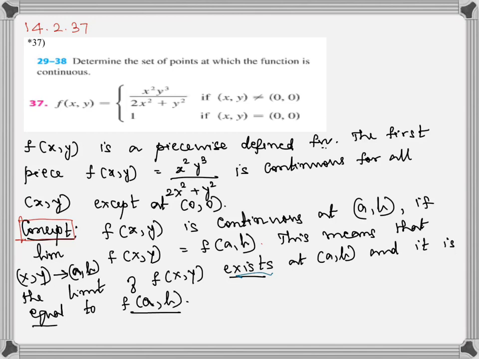The two things must be satisfied. So first, we will prove that the limit exists for this function. Normally when we show that the limit exists, we use the squeeze theorem. So whether we can use the squeeze theorem here and how do we apply it. And then the second part, we will see whether it is equal to the value of the function at (a, b) or not.